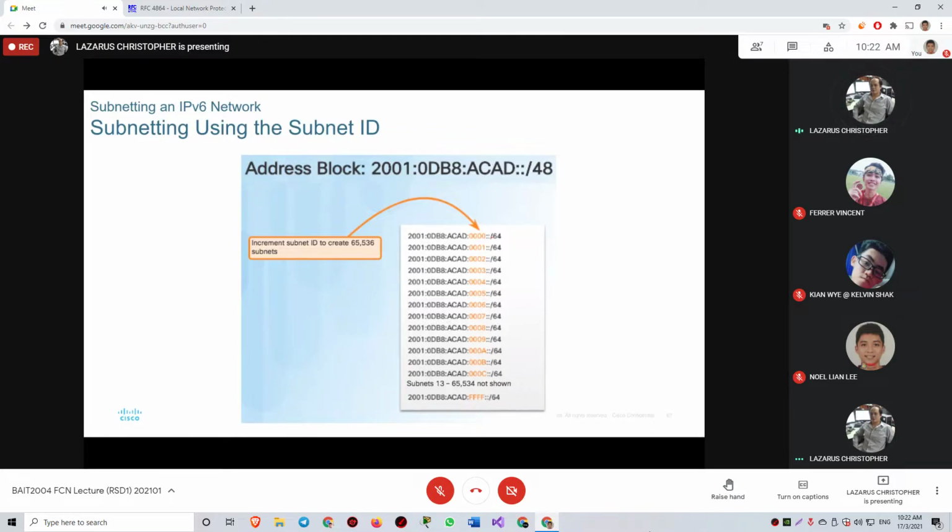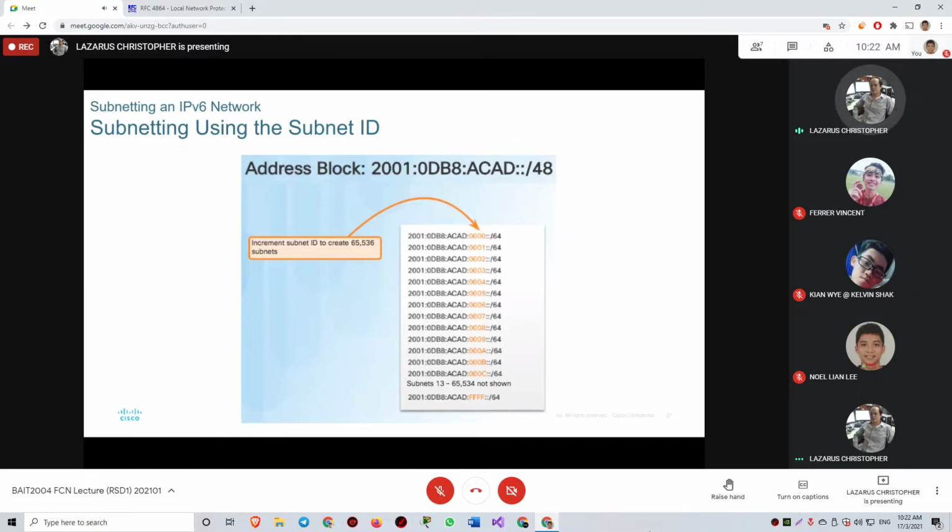But because each computer inside the subnets you created has this global routing prefix, it means the computer is globally connected. It is actually the public IP address for IP version 6.